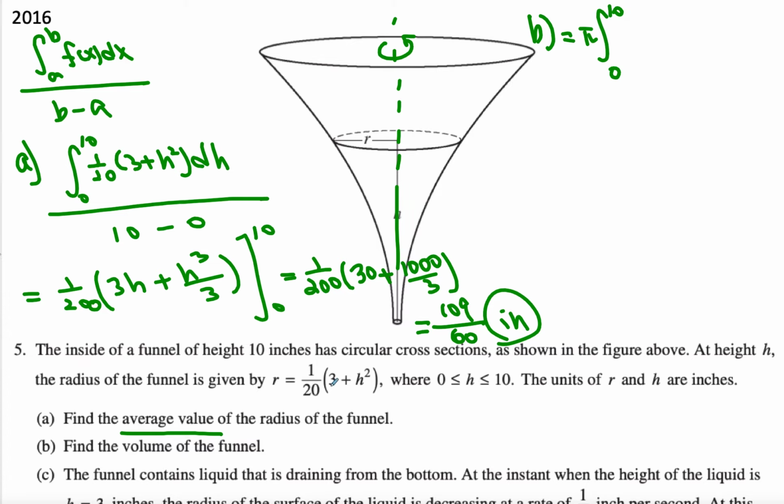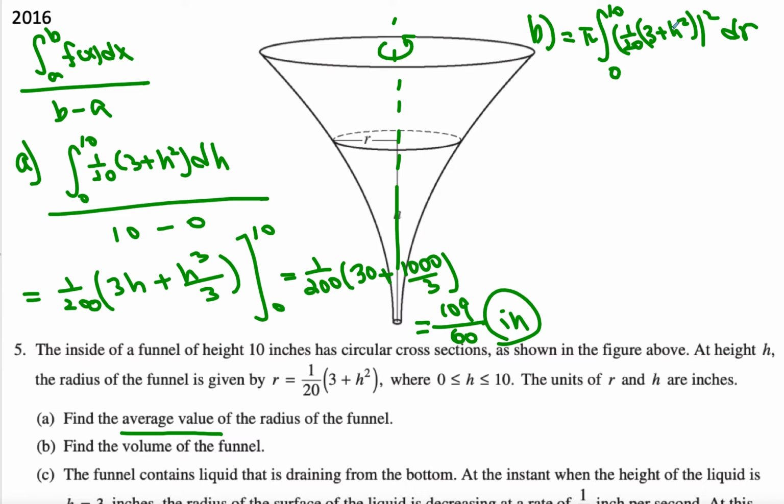What's r? They gave it to us here: 1 over 20 times (3 plus h squared). So pi r squared dr. That's basically what we can do.